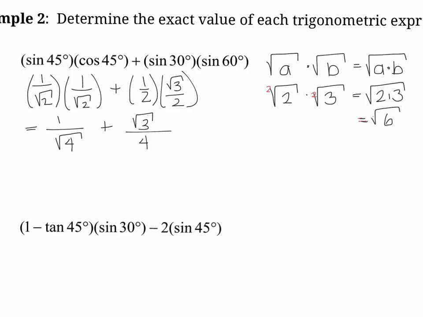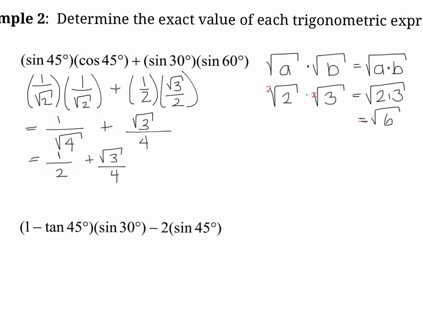Is there anything else I can do here to simplify? Well, I know what square root of 4 is. It's just 2. So let's rewrite this as 1 over 2 plus root 3 over 4. Now, is there anything we can do to simplify? Well, yeah, we can make this one big fraction.